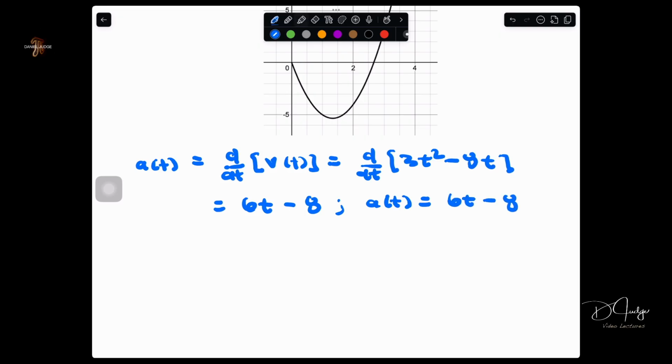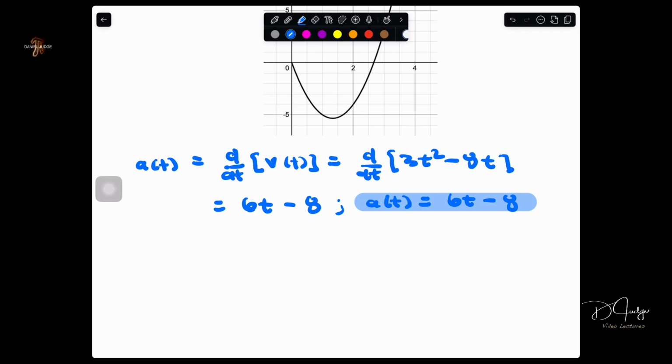Now remember, we're going to try to find where we have the push to the left, pull to the right, or push, pull, whatever you want to call it. Push to the left, push to the right, pull to the left, pull to the right.